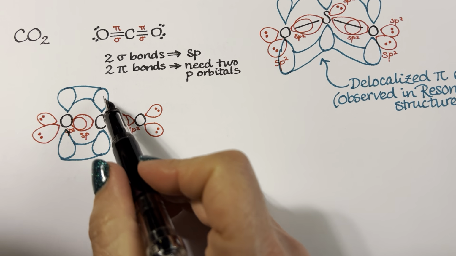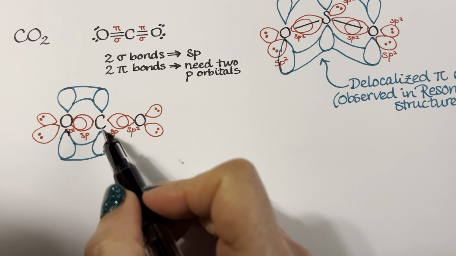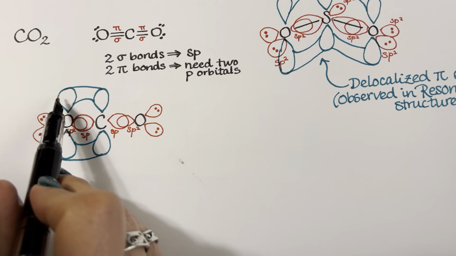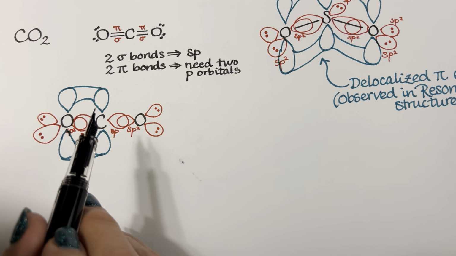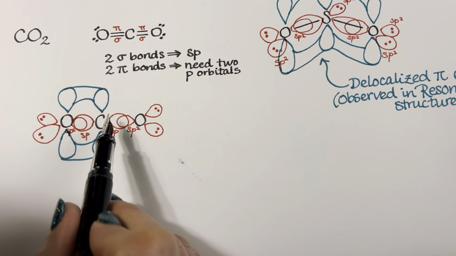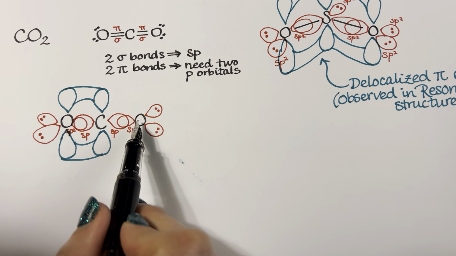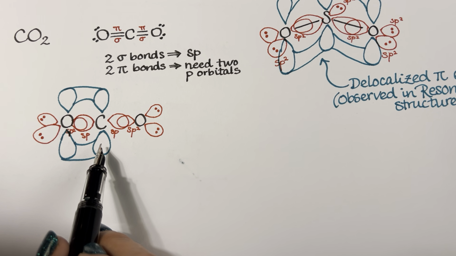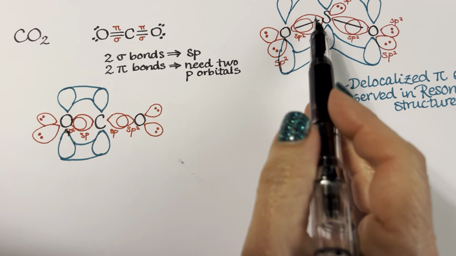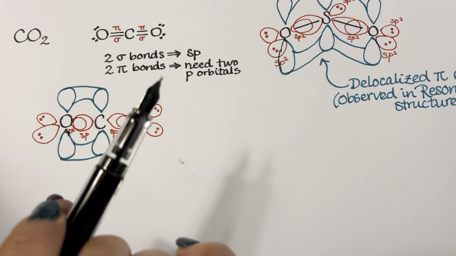But we have now used this p orbital on carbon in this plane to create a pi bond with this oxygen. That means for this carbon to also create a pi bond with this oxygen, it can't use this p orbital anymore. It's done. It's not like over here where there was resonance with SO2.